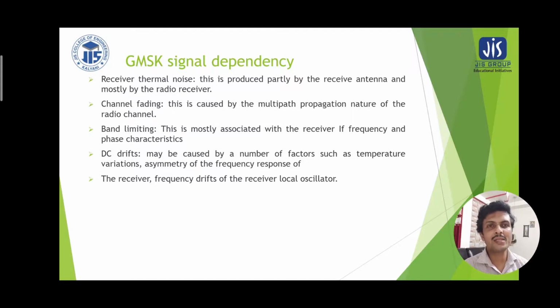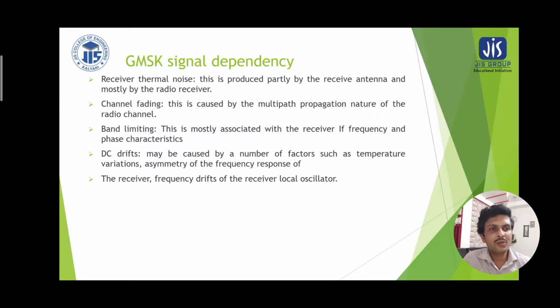Band limiting is another criterion. This is mostly associated with the receiver, if the frequency and phase characteristics of the signal are not properly behaving. So therefore band limitation is also one of the disadvantages. DC drift may also occur.